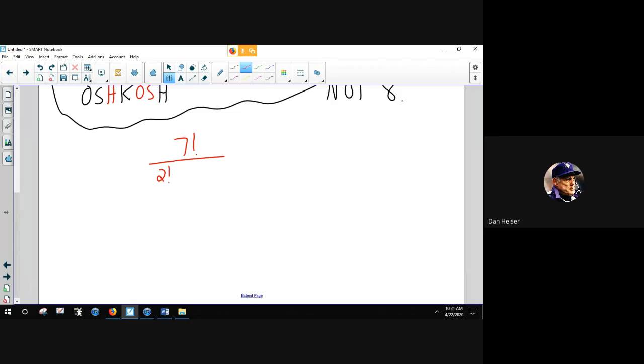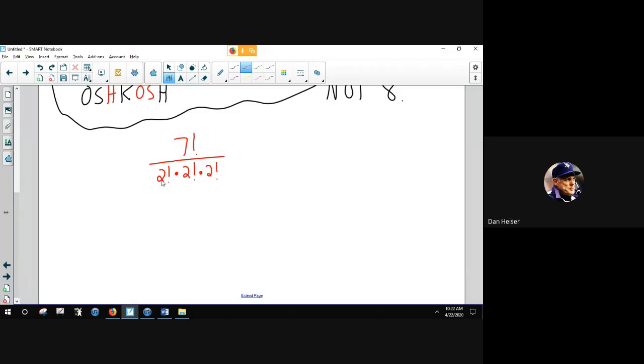If I divide by 2, I eliminate the repeats of just switching the O's. Divide out the repeated H's. I have 2 S's as well. 2 factorial times 2 factorial times 2 factorial.